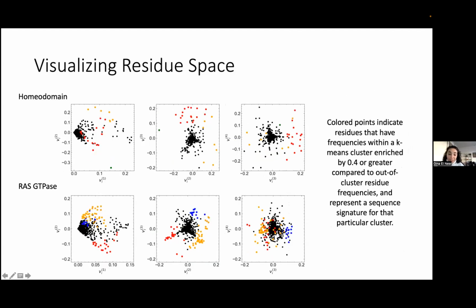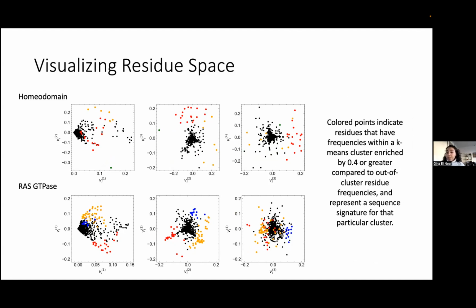What about the visualized residues? One thing we did is the coloring based on the clusters. The colored points indicate residues that have frequencies within each cluster enriched by 0.4 or more compared to the out-of-cluster residue frequencies. So those are relatively unique residues that exist in that cluster that don't exist in any of the other clusters.